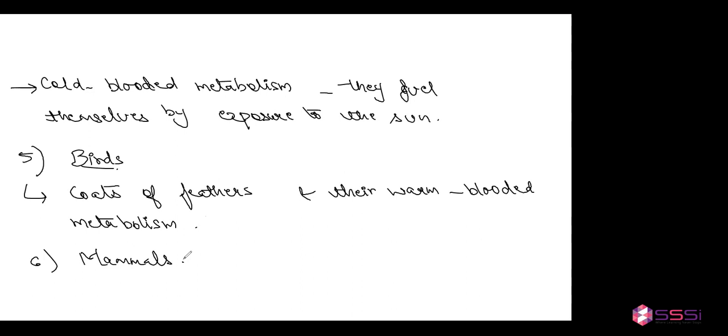Mammals are characterized by their hair or fur, which all species possess during some stage of their life cycle, and the milk with which they suckle their young, and their warm-blooded metabolism.